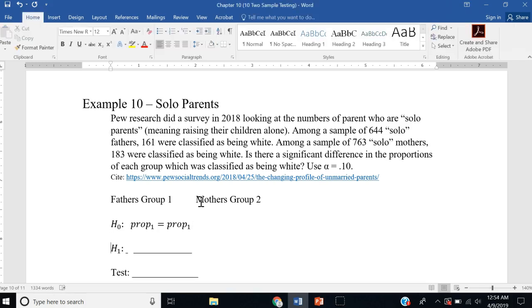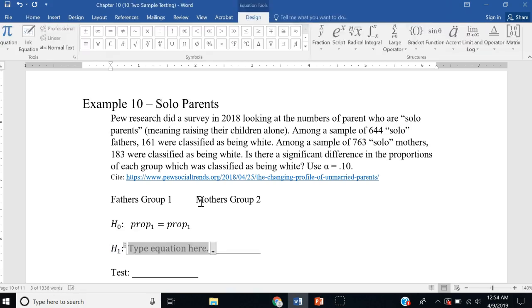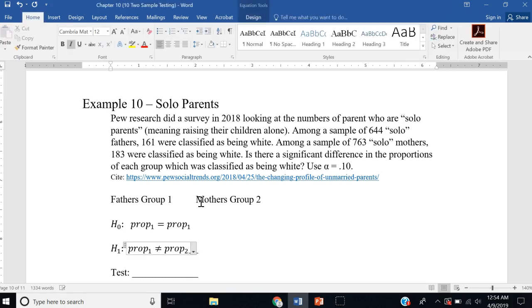The alternative, well, we're just looking for a difference, so we're going to use not equal to in the alternative hypothesis.